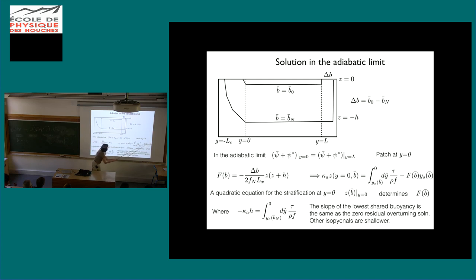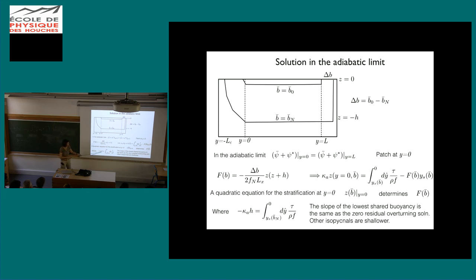This is whatever integral it is, a function of b, and then you plug this in here, and you get an equation for z as a function of b, a quadratic equation. Is it clear? Good.